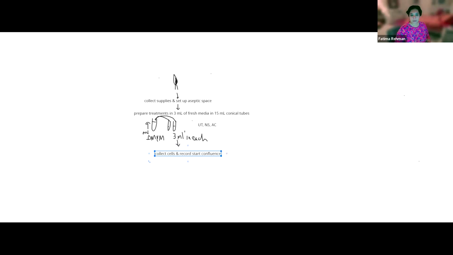Which type of microscope are we going to use for this part? The inverted microscope. Good. That just meant I'm going to be checking them under the inverted microscope.